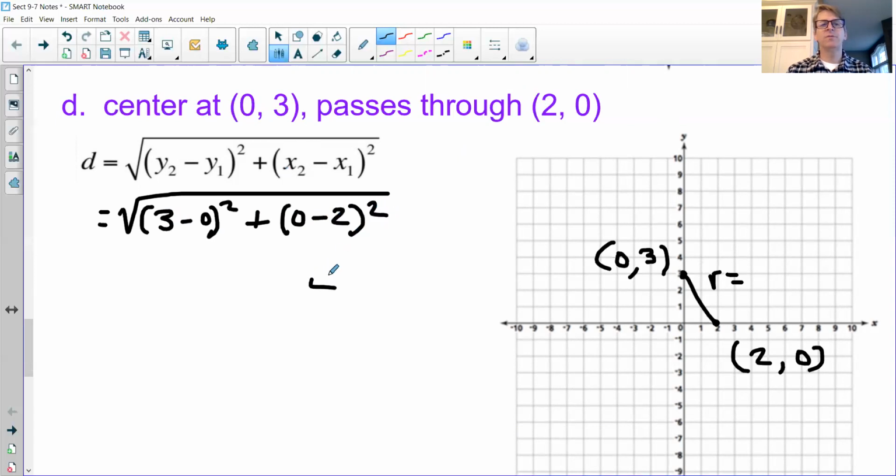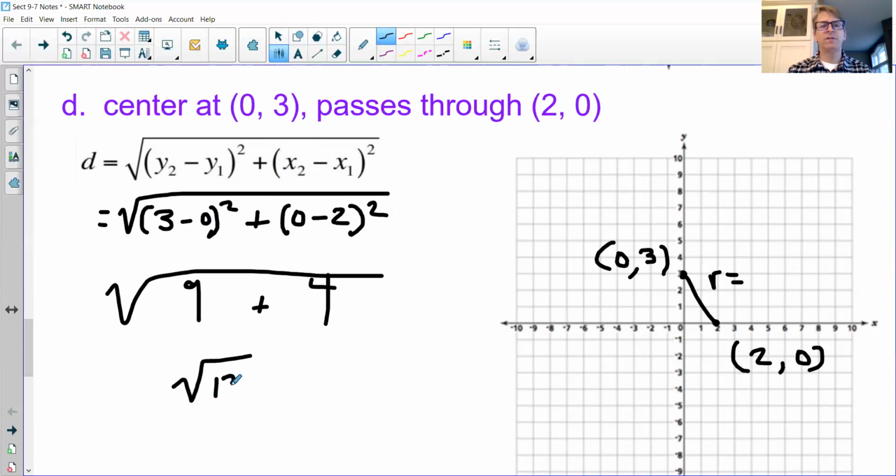So this becomes 4. 3 minus 0 is 9. Okay? So the square root of 9 plus 4, or in other words, the square root of 13. So by the use of the distance formula, the radius is the square root of 13.